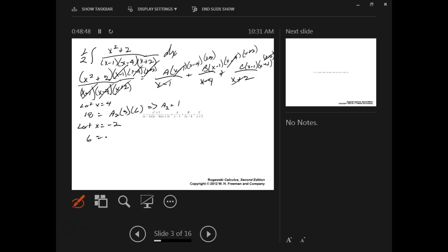So if x equals -2, you got 6 on the left-hand side. What do you have left on the right-hand side? Okay, A3, we're going back to that. Times -3, times, is that plus 4?